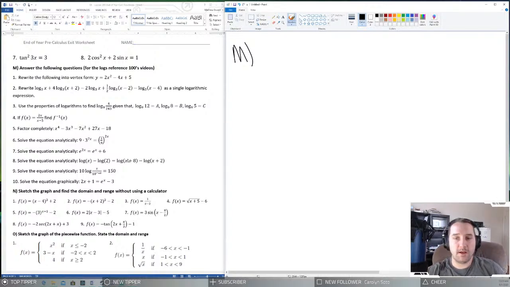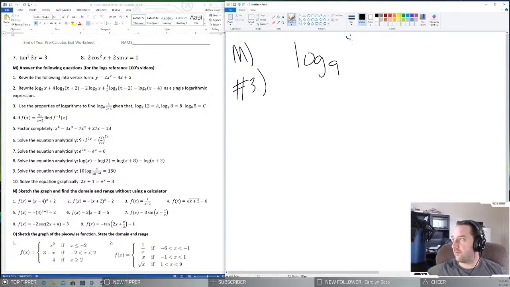Okay. Well, I'll just pick a few, like number 3. It says use the properties of logarithms to find log base 9 of 4 over 243. It's telling us log base 9 of 12 is A, log base 9 of 8 is B, and log base 9 of 5 is C. So what we need to do is break this up into those different values.